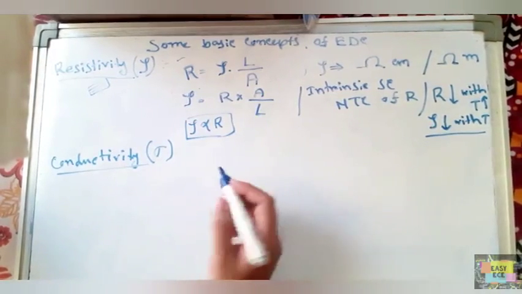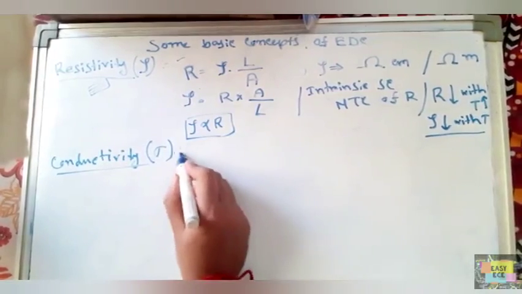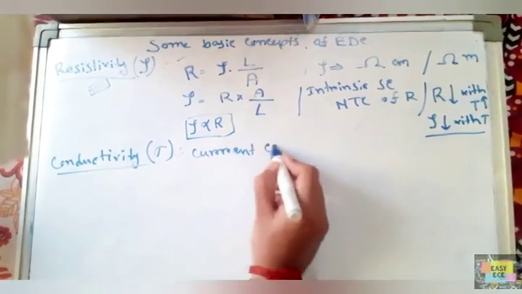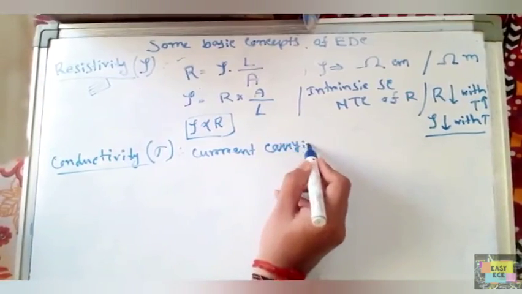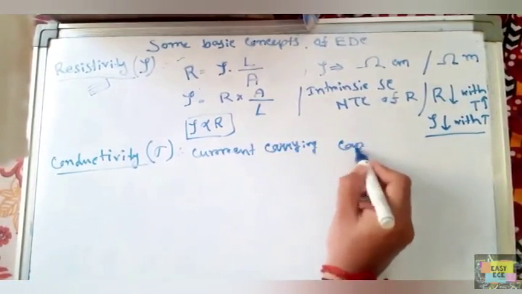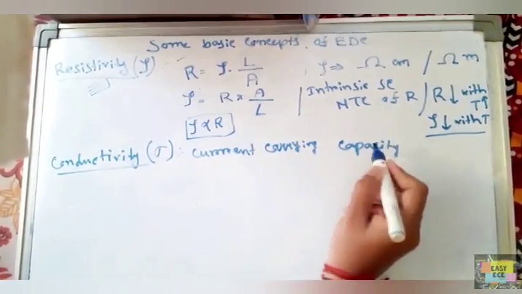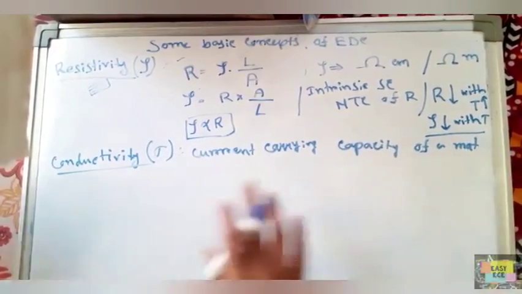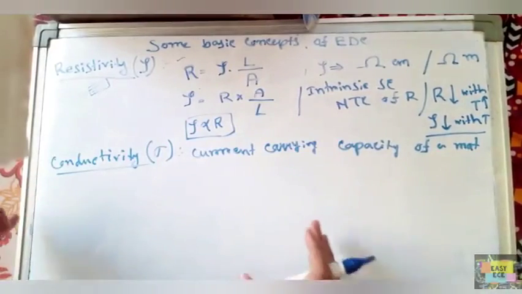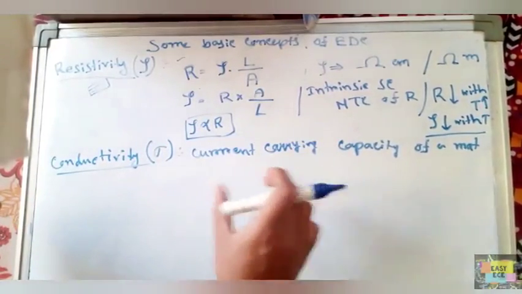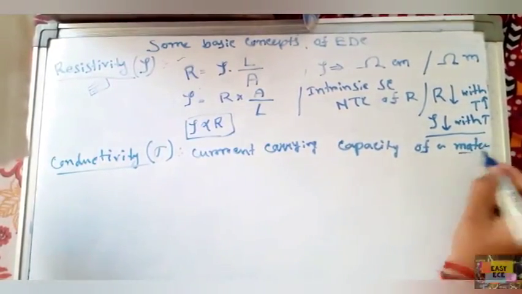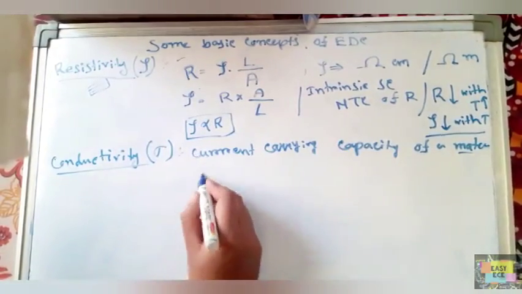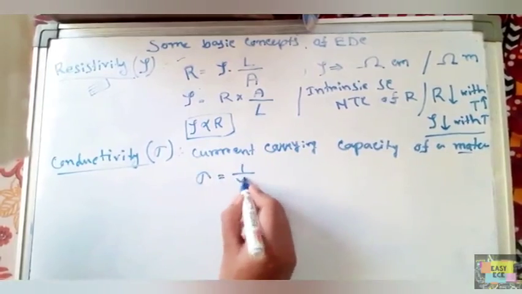Conductivity denotes the current carrying capacity of a material. How much current it can carry, that is the current carrying capacity of the material, is known as conductivity. Conductivity is 1 by rho.